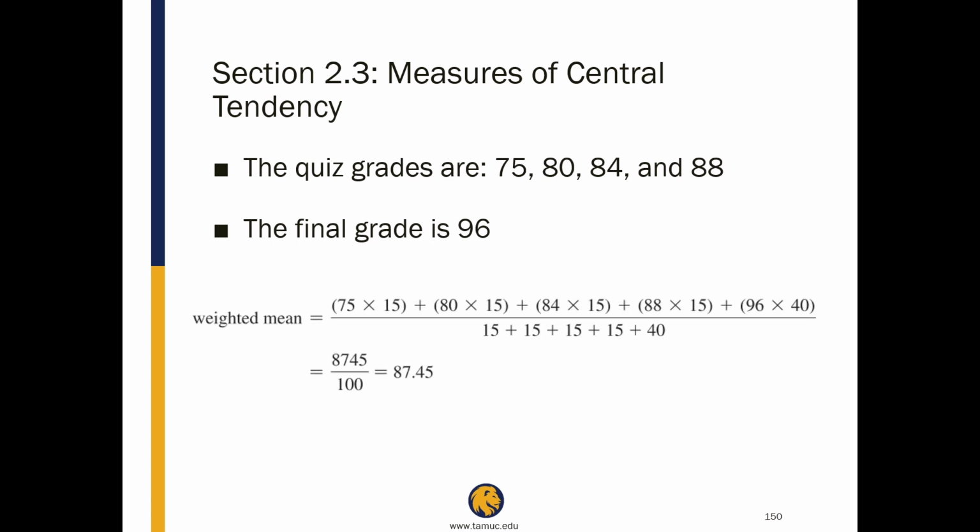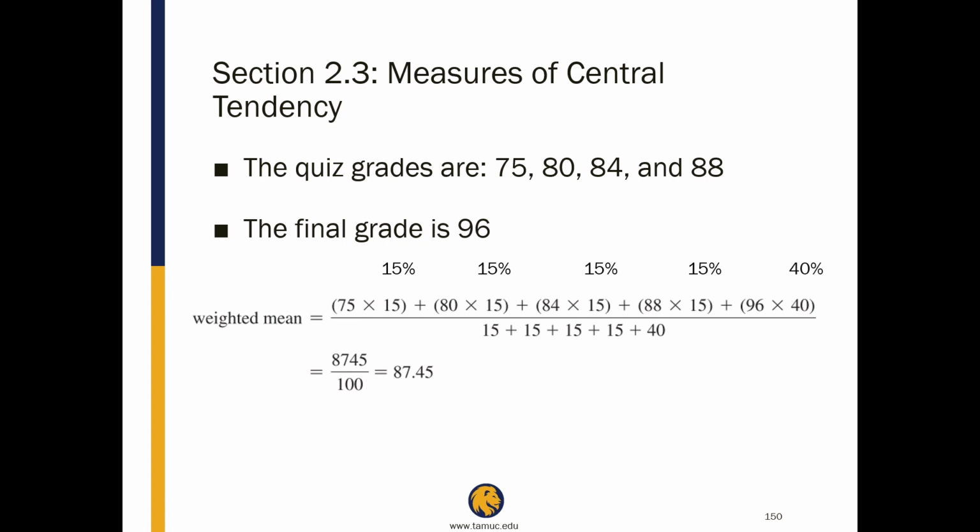Doing the calculation with the weighted mean would look something like this. You're still adding things together, but on top you have to take each individual grade, like the 75, multiply it by 15, add it with 80 times 15, 84 times 15, and 88 times 15. Those are the percentages for the quizzes.